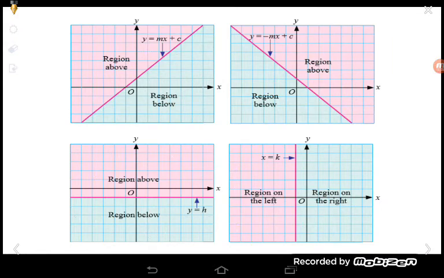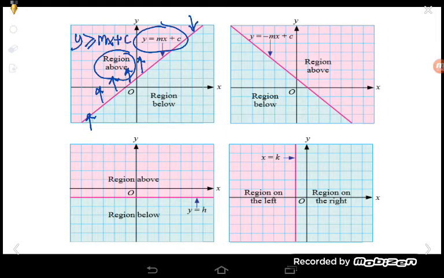Let's see more examples. Okay, let's say you have this straight line, y equal mx plus c. Above this straight line, you have a region, and this region, this pink area, you call it y more or the same as mx plus c.